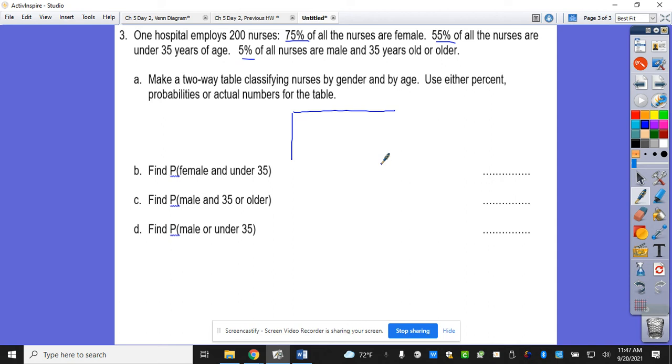What's another one? It doesn't matter which one goes on which side. So gender, male, female. Age, what are my categories? It's under 35 and not under 35, right? There's like 35 and older, but yeah.